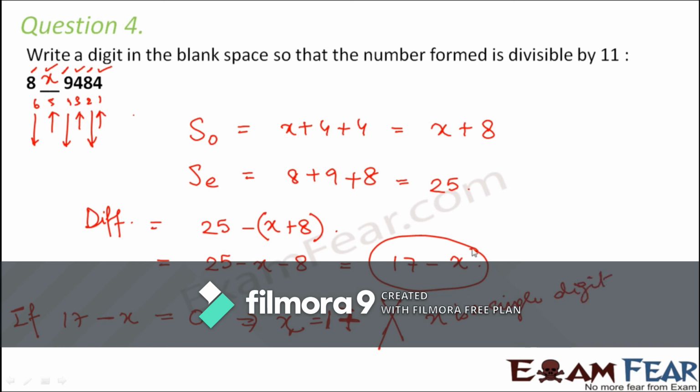So that means this has to be a multiple of 11. After 0, what could be the next multiple of 11? 17 minus x can be equal to 11. So this means x will be equal to 17 minus 11, which is equal to 6. So 6 would be the answer. So 6 would be the value of x.